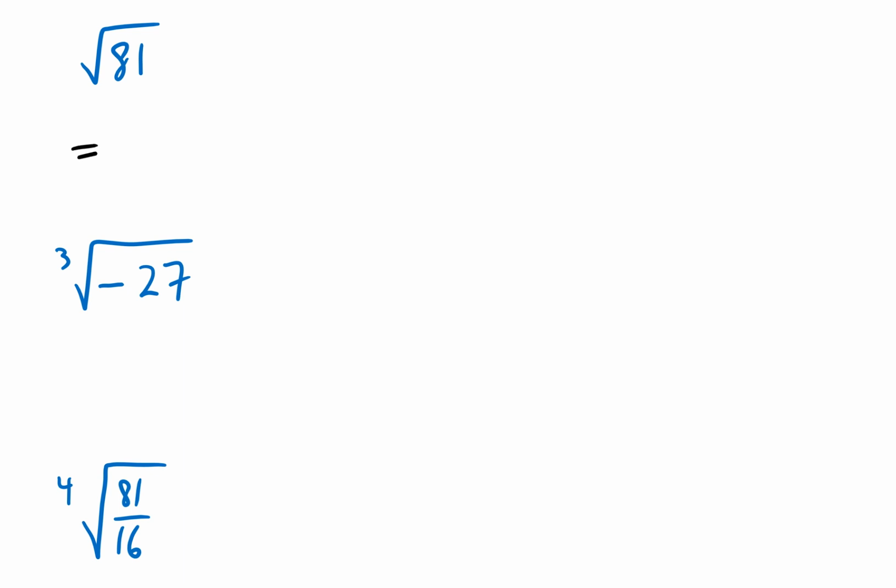So what's the square root of 81? What's the number that if you multiply by itself twice gives you 81? It's 9. What's the number here? The index is odd, so it's okay. What's the number that if you multiply by itself 3 times gives you negative 27? It's negative 3.